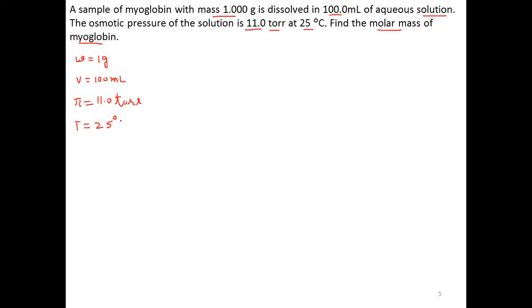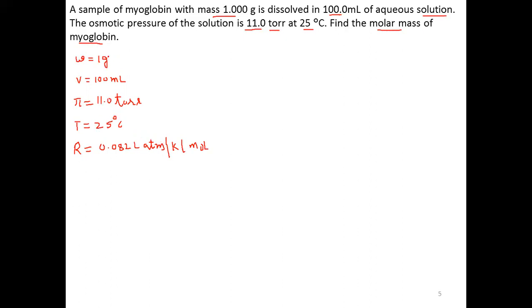Okay, now let us write the value of R, because this value of R will decide the units of the other parameters. It is 0.082 liter atmosphere per Kelvin per mole. So these are the units of R. Let us see our data.